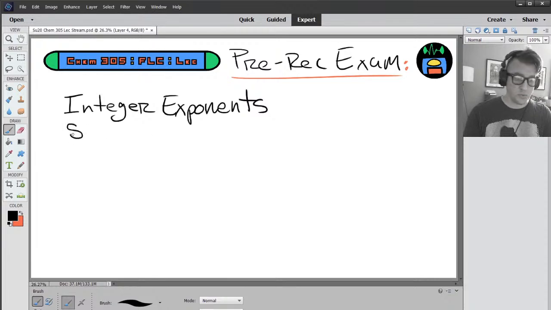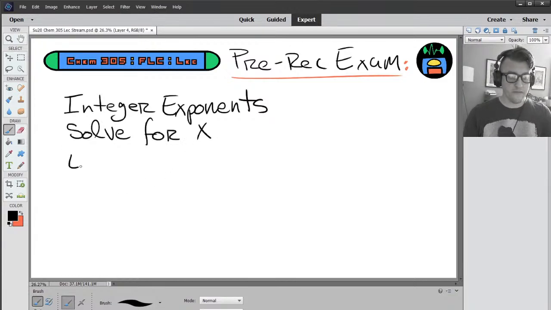You have to be able to solve for x. You have to be able to evaluate radicals.